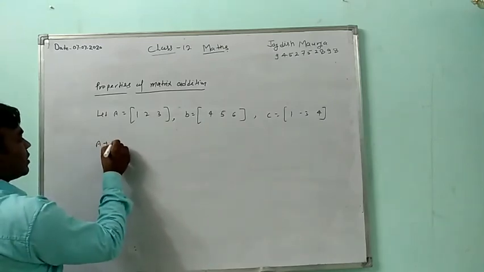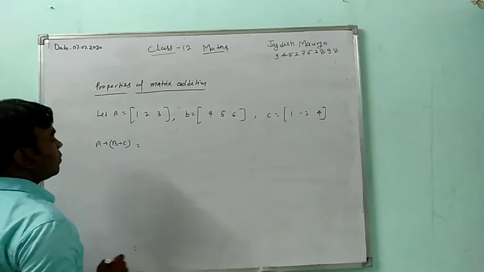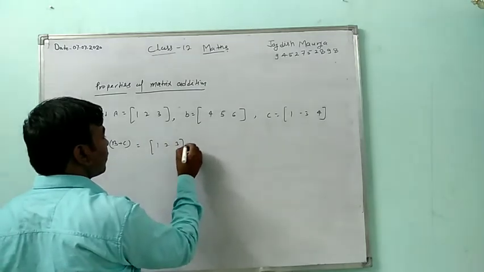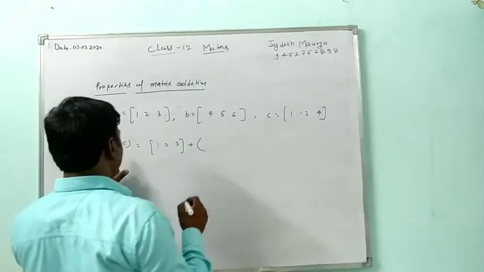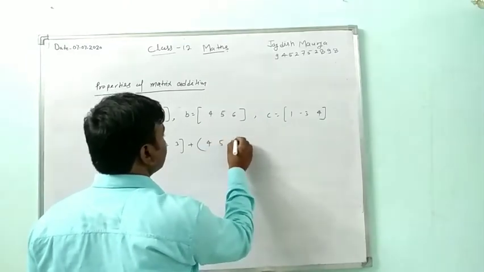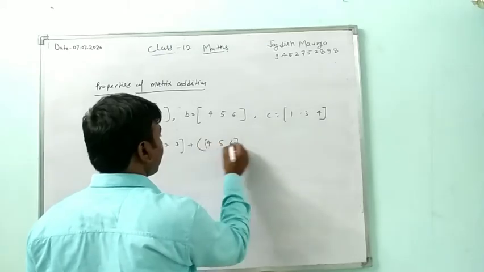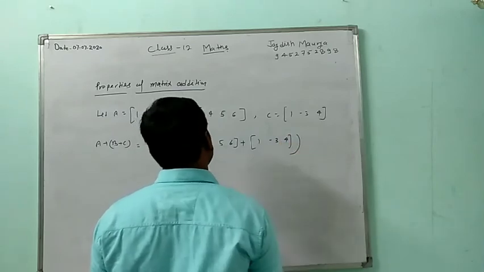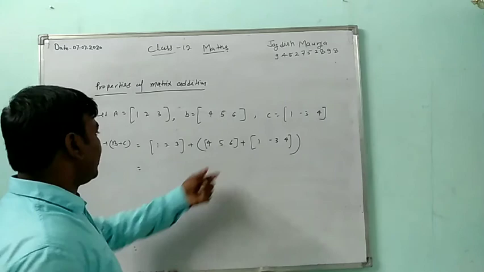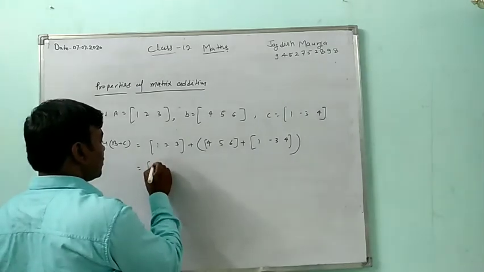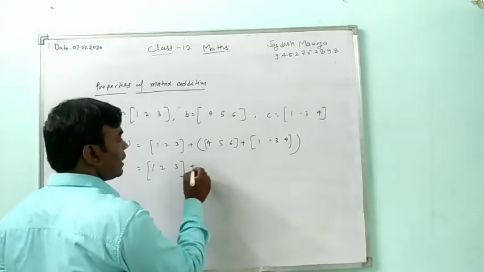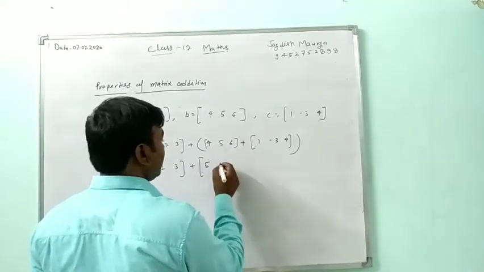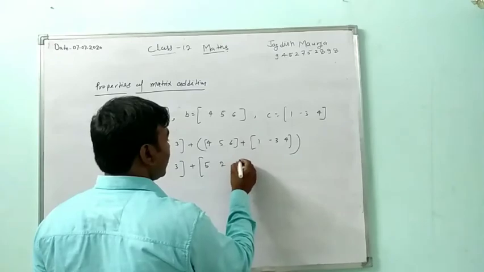A plus B plus C means first we add B plus C. Here 1, 2, 3 plus B 4, 5, 6 plus 1 minus 3, 4, corresponding elements are added. 4 plus 1, 5, 5 plus minus 3, 2, 6 plus 4, 10.